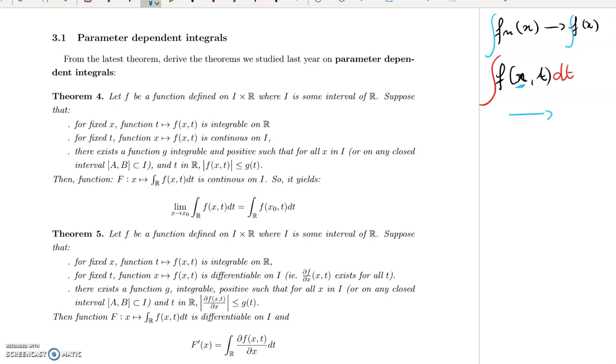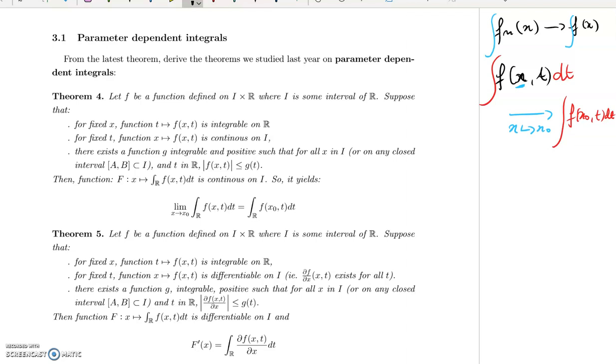What's happening if I want the x to go to some specific value x0? Do we have that this integral is converging to the integral of f at point x0, t, dt? So it's still a question of exchanging integration and limit.